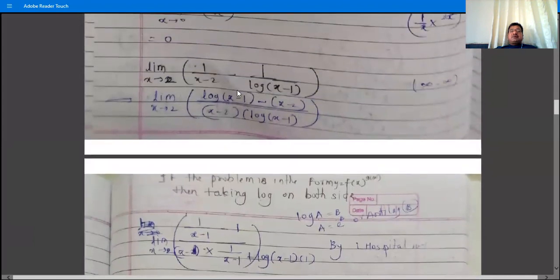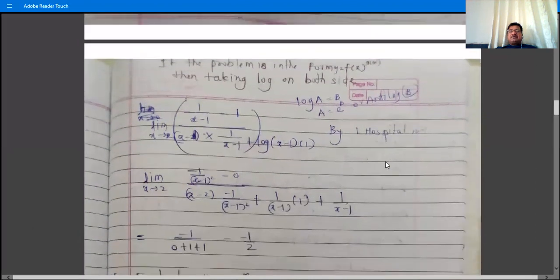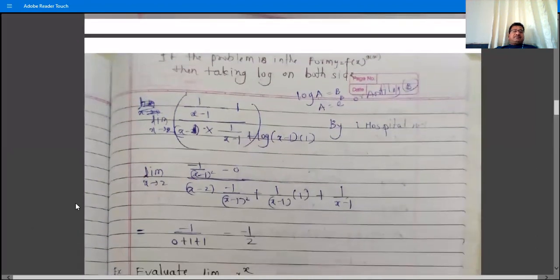For log x minus 1, the derivative is 1 by x minus 1, and for minus x the derivative is minus 1, divided by the u into v rule: x minus 2 into log x minus 1, derivative is 1 by x minus 1, plus log x minus 1 into derivative of x minus 2, which is 1, by L'Hospital rule. If you substitute x as 2, then we have 1 by 2 minus 1, that is 1, minus 1. Again we have 0 by 0 form.